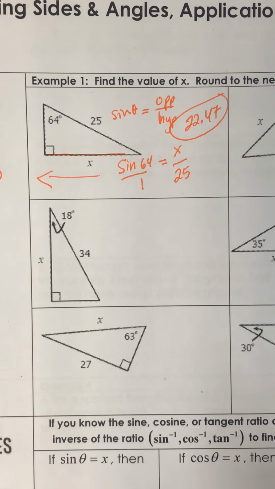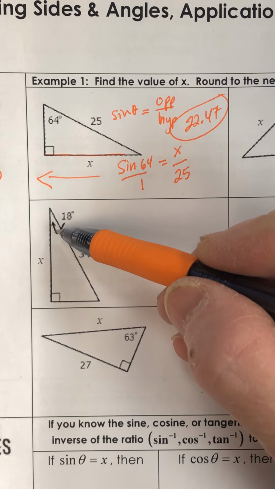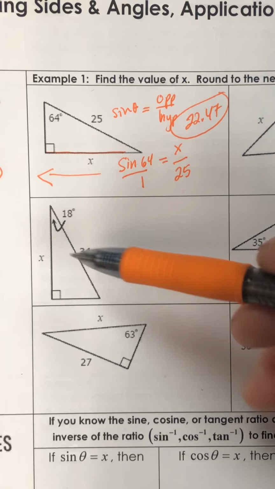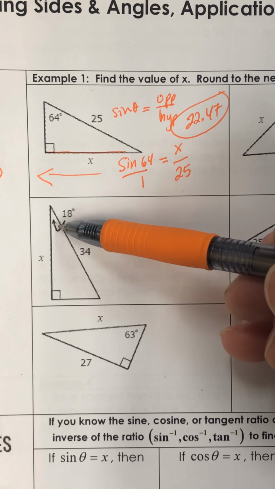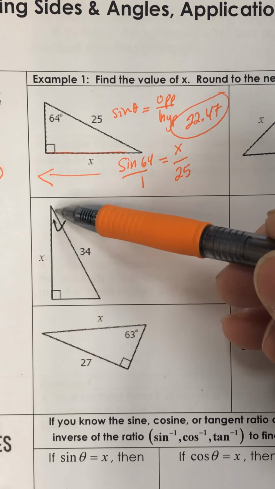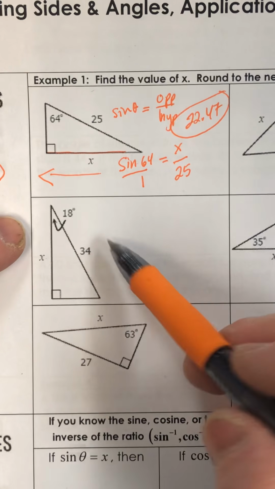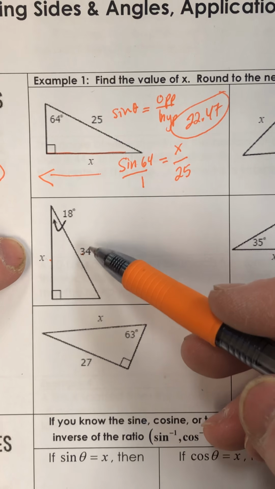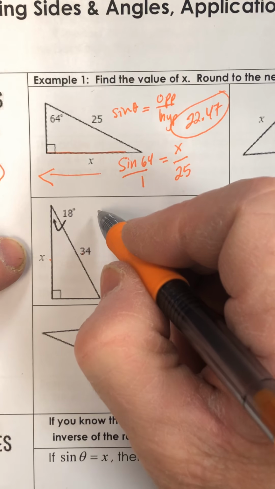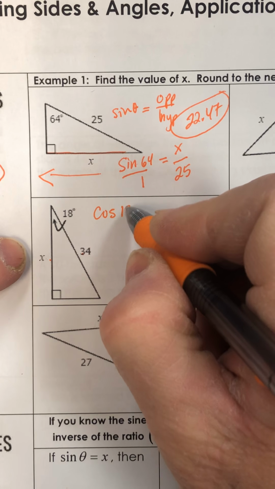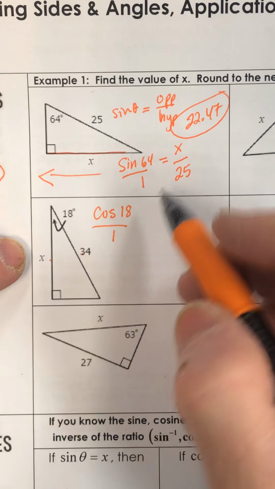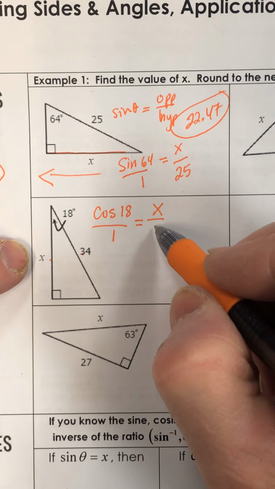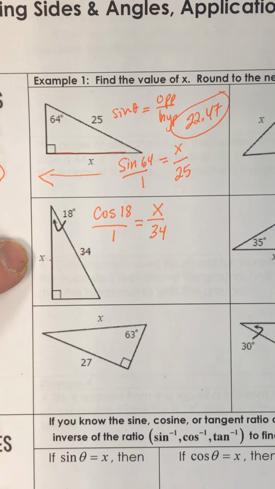Okay, let's go to the next example. So this is my 18-degree angle here. What do I have? From that angle, I have the adjacent side and I have the hypotenuse. So adjacent over hypotenuse, what function is that? That's cosine. So I'm going to say cosine of 18, because that's the angle that I'm using, 18 degrees, equals the side, x, over the hypotenuse.